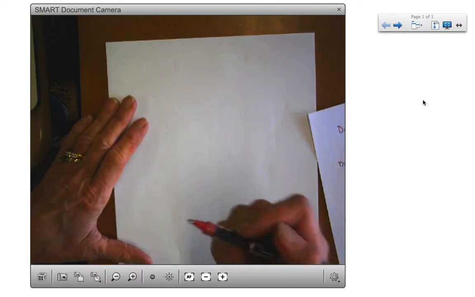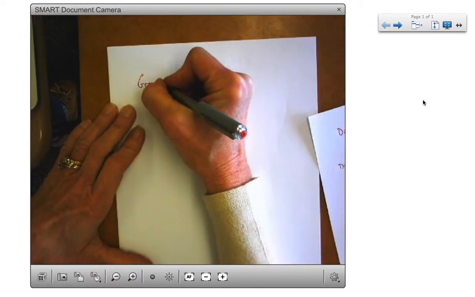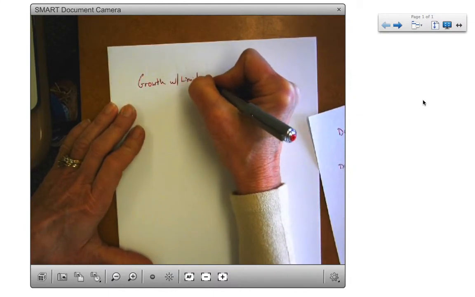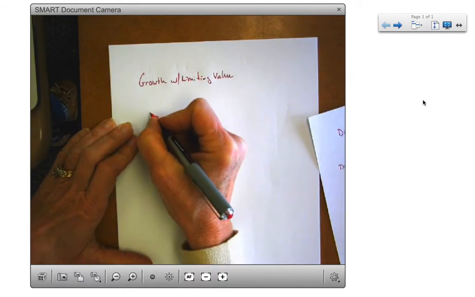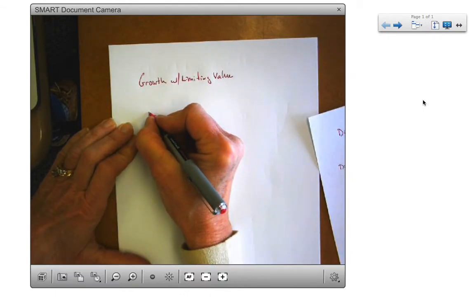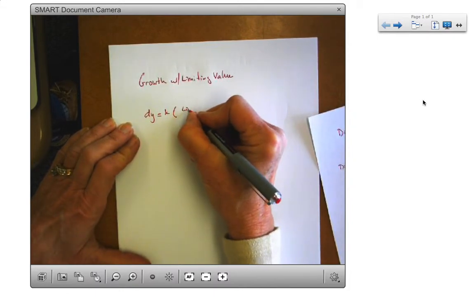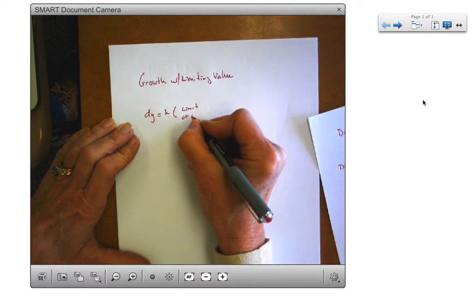All right. The next model we talked about was another form of growth, but with a limiting value. And its differential equation looks like dy equals k, and the number that's at the beginning of the parentheses is the limit of the growth.